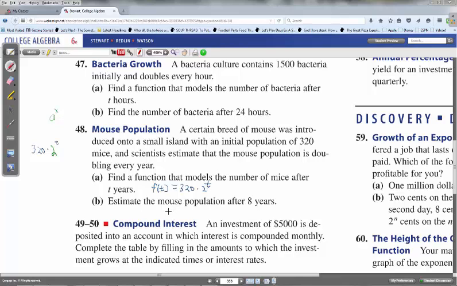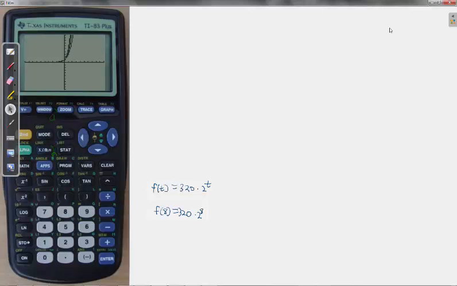Estimate the mouse population after 8 years. Nothing is easier. Just calculate for 8. 320 times 2 to the 8th. That should be quite large. Exponential functions increase very quickly.